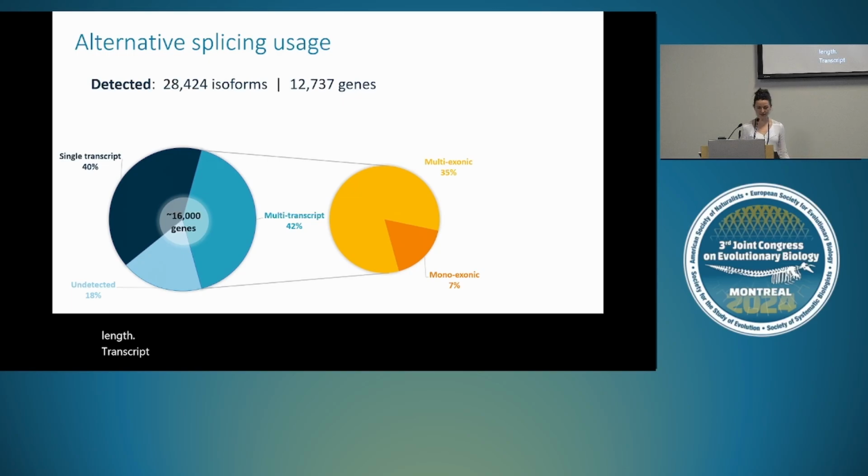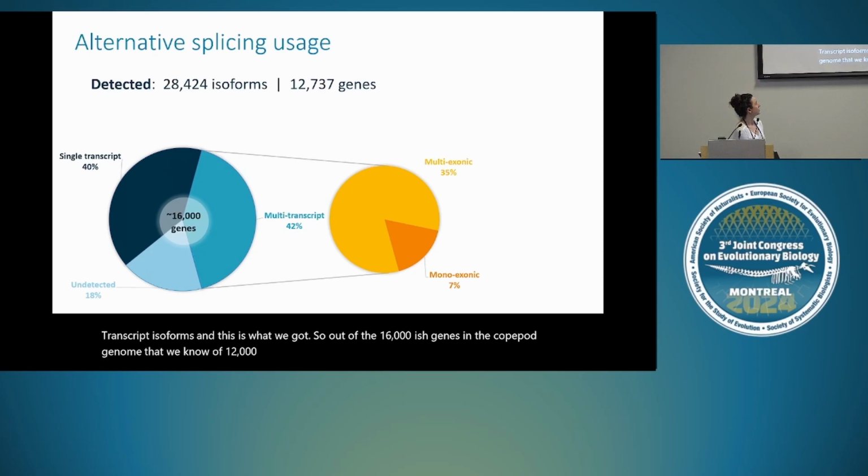And this is what we got. So out of the 16,000-ish genes in the copepod genome that we know of, 12,737 genes were detected with 28,424 isoforms.